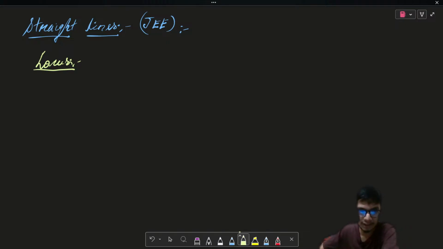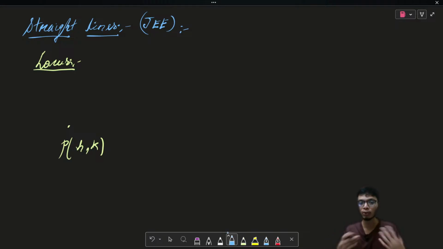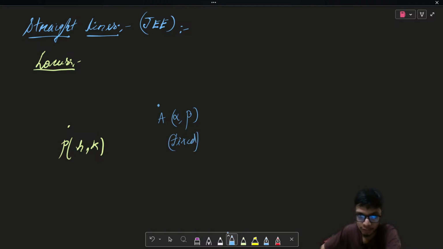So I can say that let us say any general point P which is given as some variable coordinate h comma k. Now if I say that this particular point is rotating or moving in a particular plane such that its distance from the fixed point, let us say a fixed point alpha comma beta, is constant. This is a fixed point which is known, whereas this point h comma k, or this point P, is a variable point.